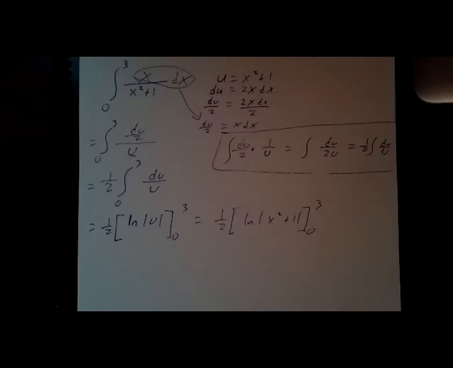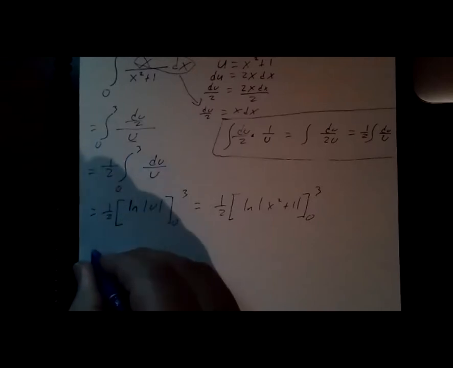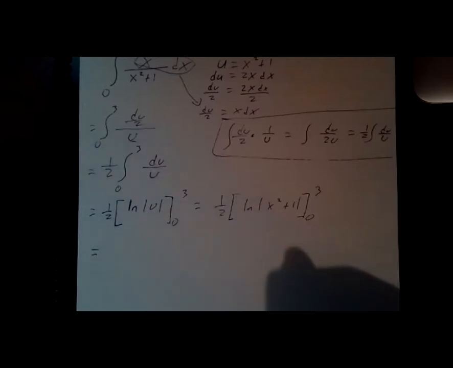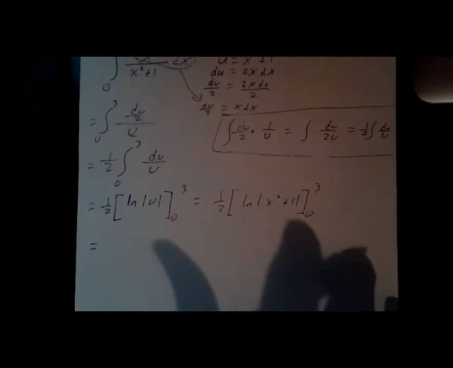Okay. So far, you guys okay? All right. So then just plug in the values and we should be good. We'll find the area. That's what we're looking for. The area in that blocked off region.